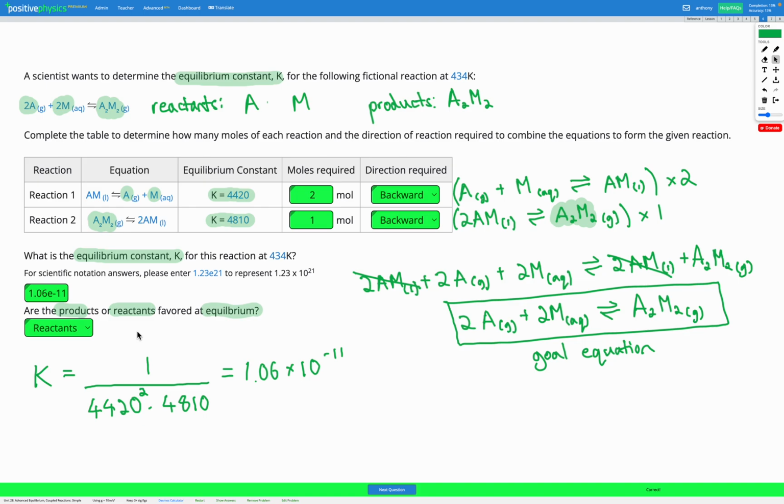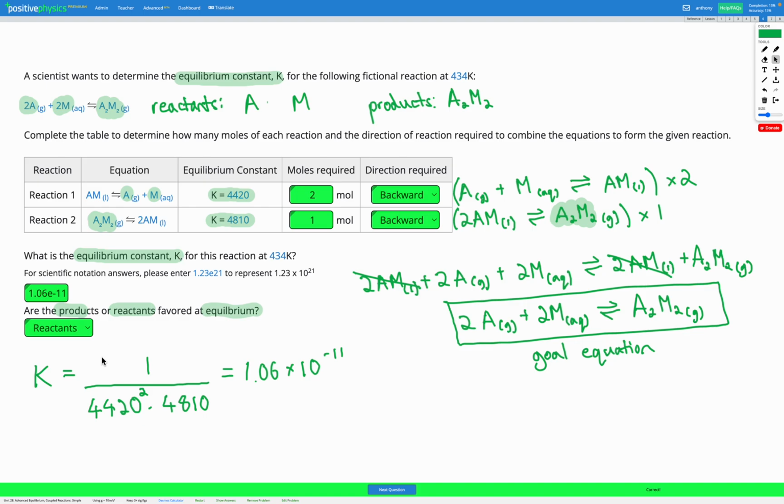So overall, this question worked very similarly to the Hess's law question to start with, in that we were identifying our reactants and products in our reaction steps, figuring out if we need those steps to be forwards or backwards so that the reactants and products from the goal equation will be in the reactants or products of the steps respectively. We then need to figure out how many moles of each step we need so that those equations add together to give us our goal equation.